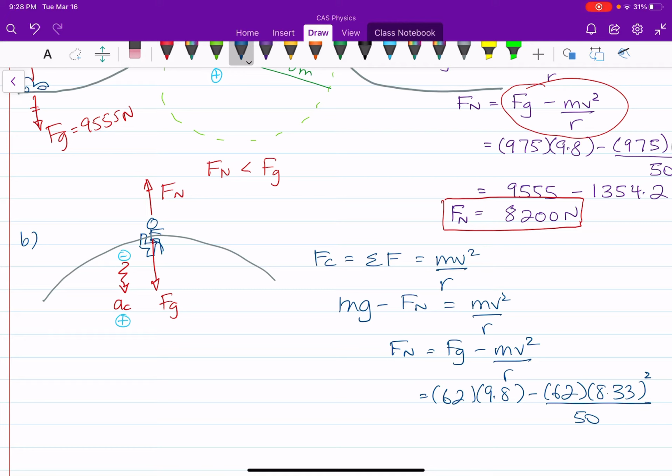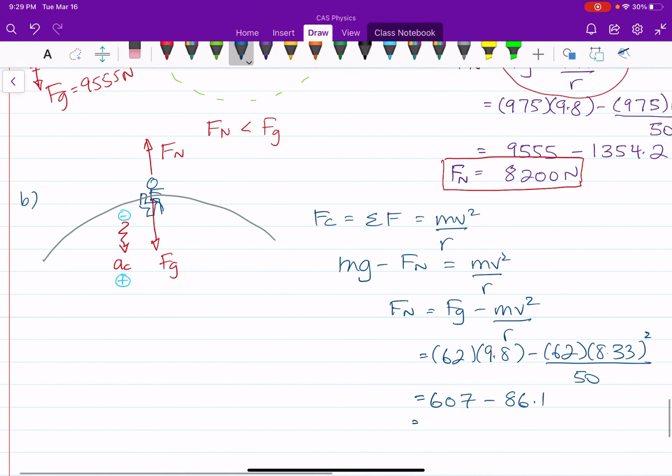So let me solve that. 62 times 9.8 equals 607.6, and then the other term is 62 times 8.33 squared divided by 50, which is 86.1, so subtract that, and we get 607.6 minus 86.1, which is 521.5 newtons.